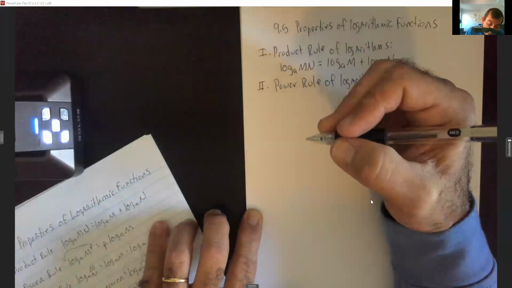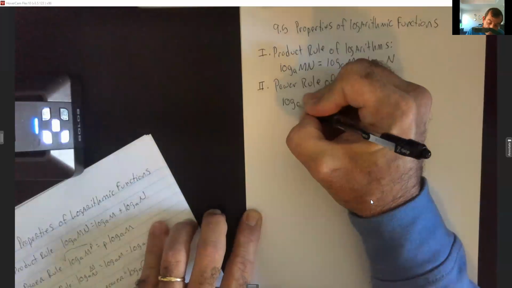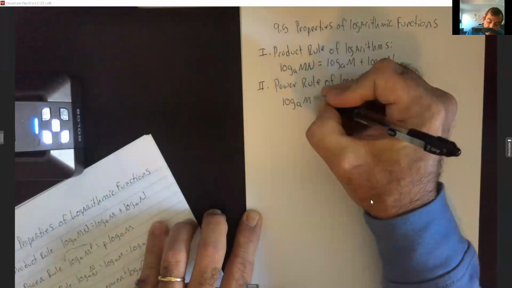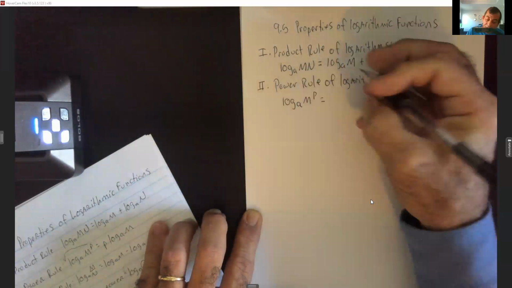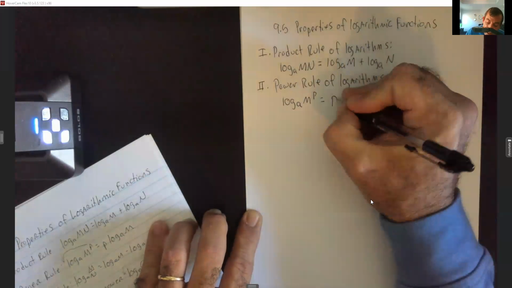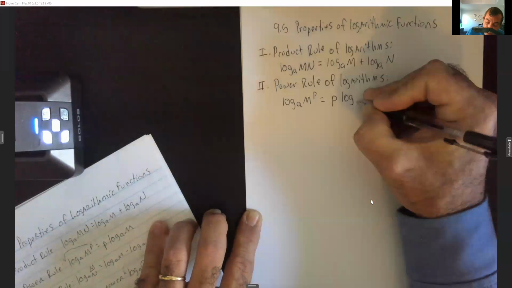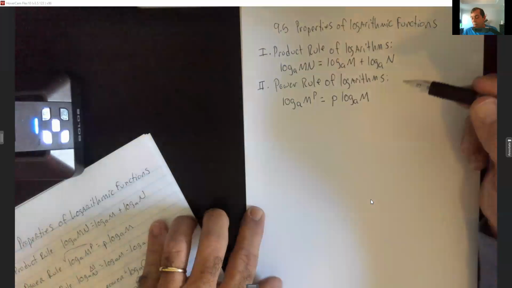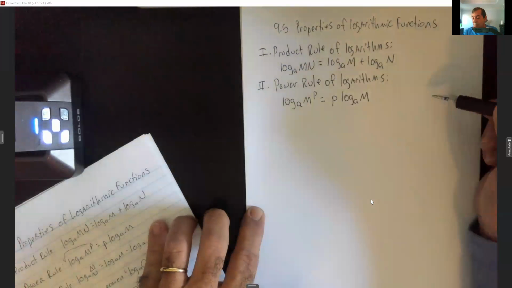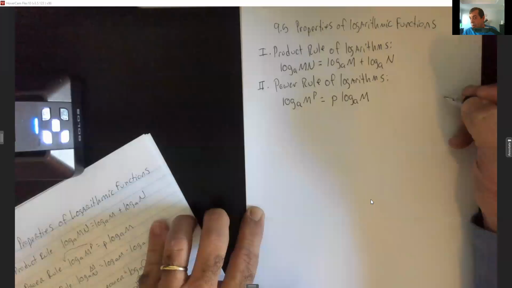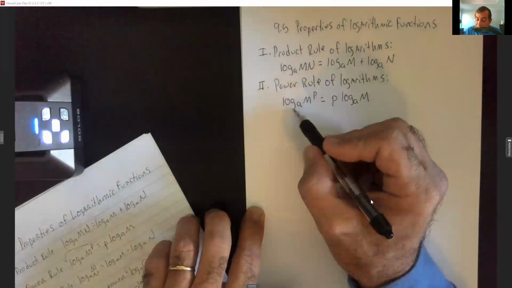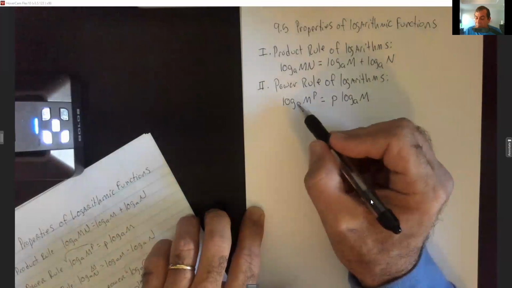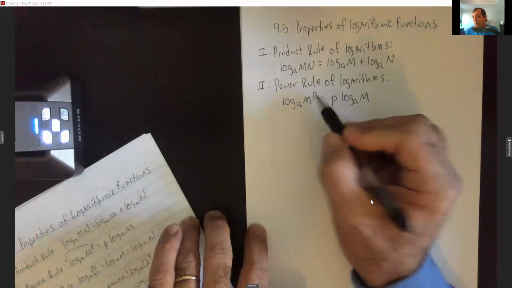So if I got something like log base A of M to the P, then I would rewrite this as P times the log base A of M. So if we was looking at exponents and you had an exponent raised to an exponent, you would multiply them. So that's what this is doing. Log A of M would be an exponent, and you would be raising that to the exponent of P. So in the long run, you would multiply those.